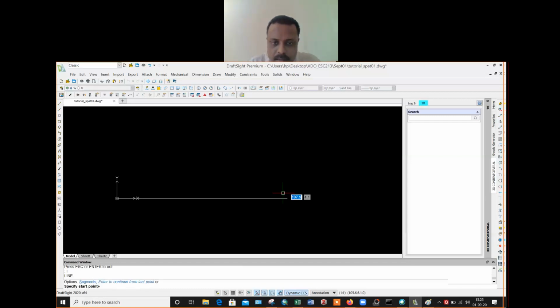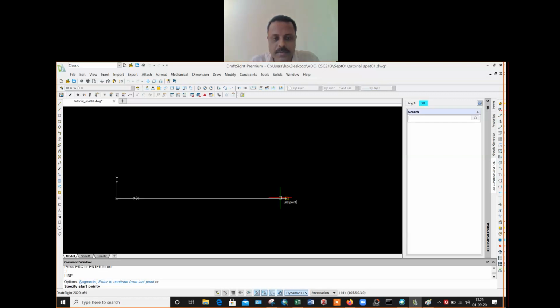Line. If you go near to the line, can you see a yellow square? This is known as the snap point. For engineering drawings, we can specify that point or we can select our snap on.